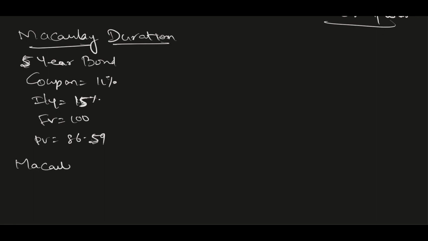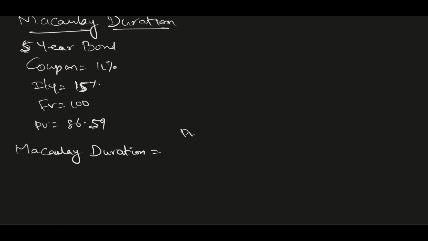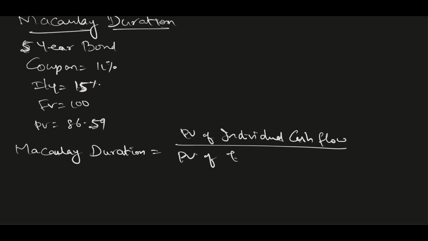So now I'm supposed to find out Macaulay duration. Macaulay duration is equal to the present value of individual cash flow, divided by the present value of total cash flow, into the number of periods of payment.